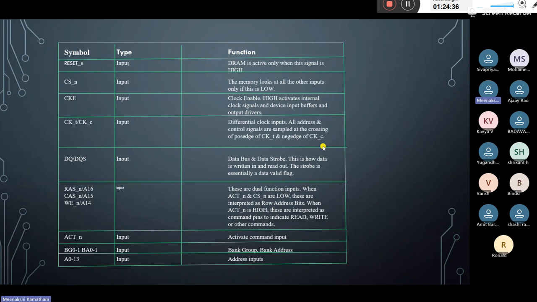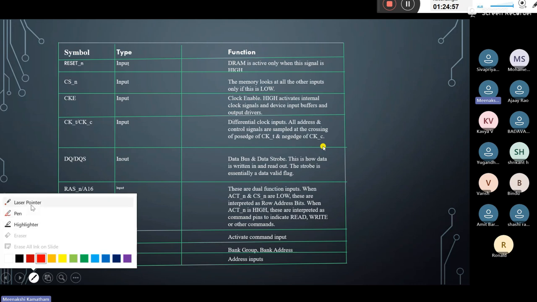After the clock, in the command truth table we'll get some clarity. With CKE high, the remaining differential clocks CKT and CKC come into the picture. CKT and CKC are the two differential clocks.